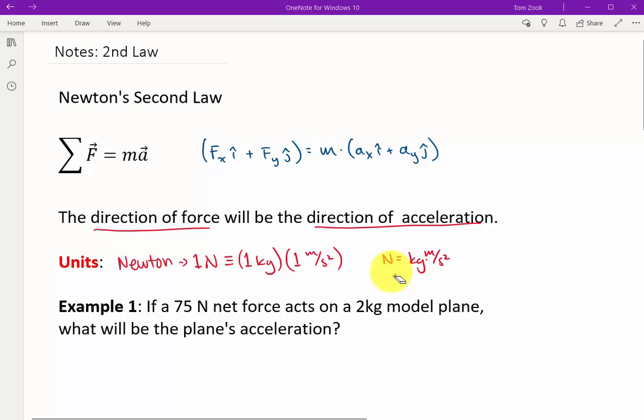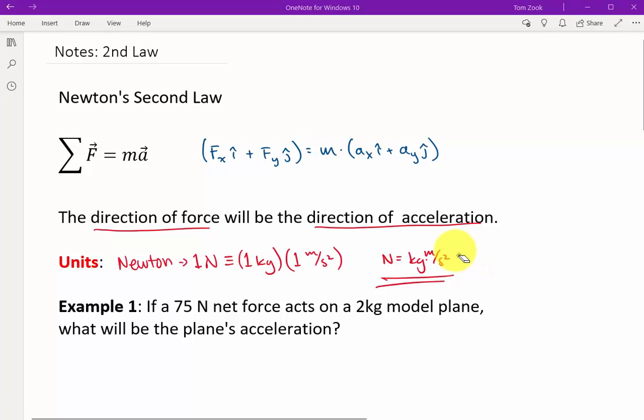So 1 Newton represents 1 kilogram meter per second squared. You rarely have to do a bunch of dimensional analysis and unit analysis to figure stuff out, but it's important to remember where that comes from. It wasn't just come up with out of thin air. It came from this formula.